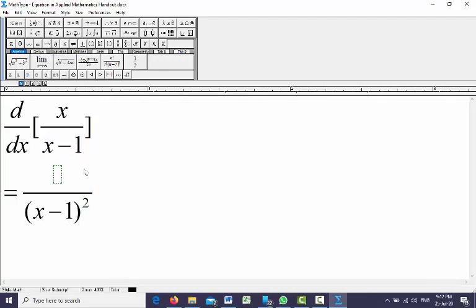That is the first step. So I'm saying again, whatever you have in the denominator, you should take the square of that in the denominator.